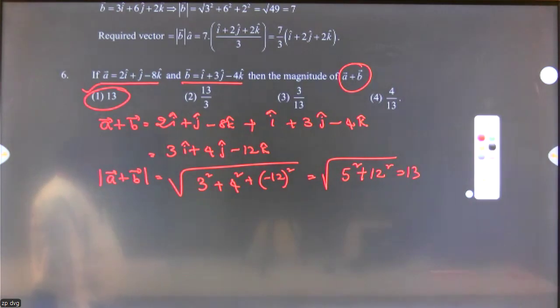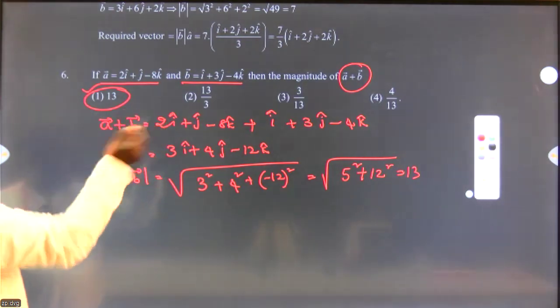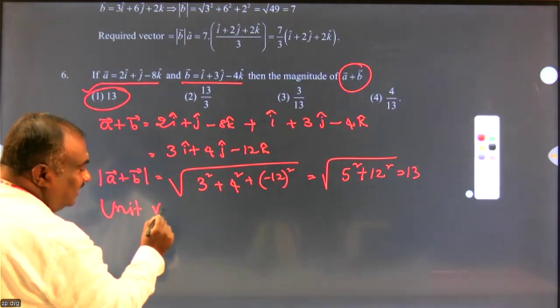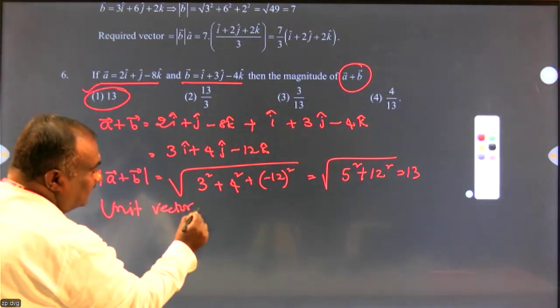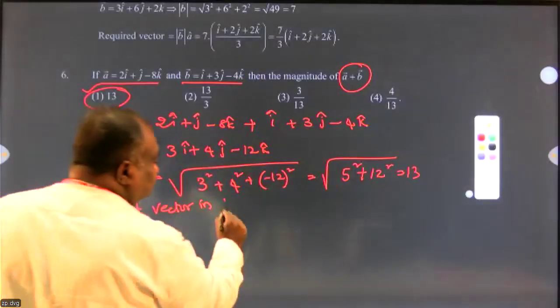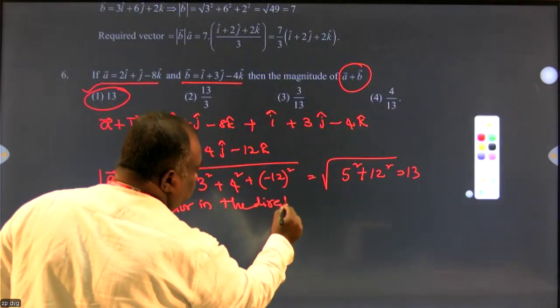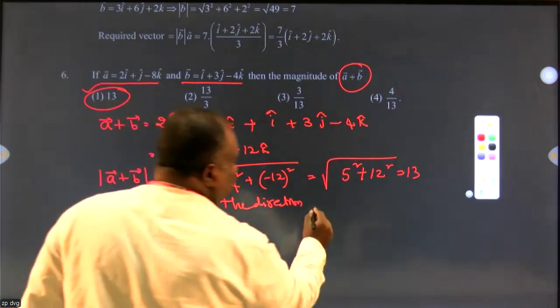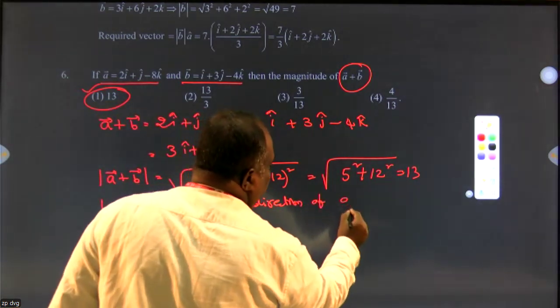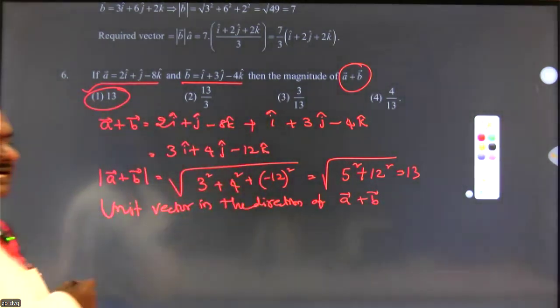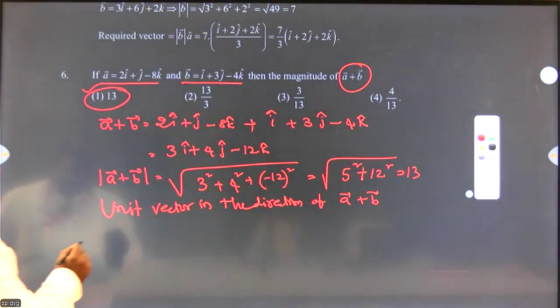And in most cases, they will ask the same question as a unit vector in the direction of A bar plus B bar. That means you have to complete the same thing. What is the unit vector? I am taking C vector.